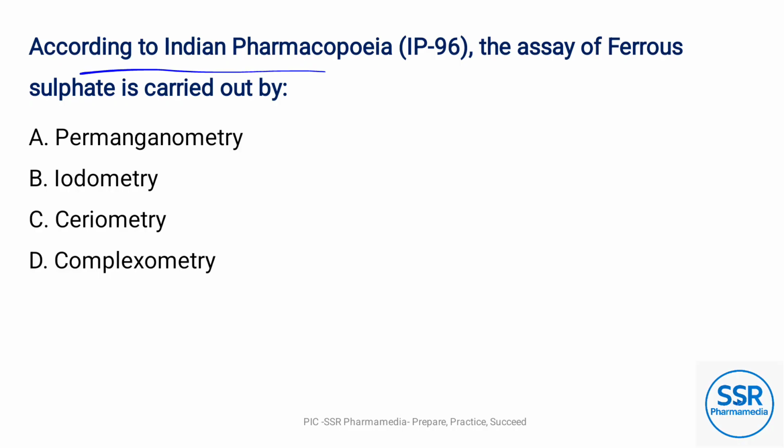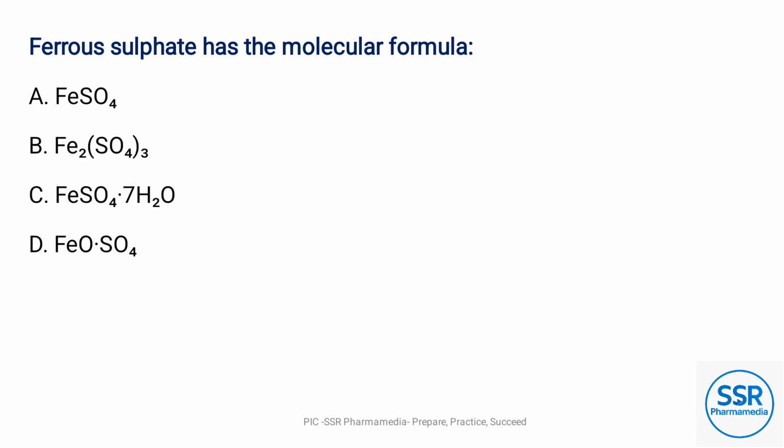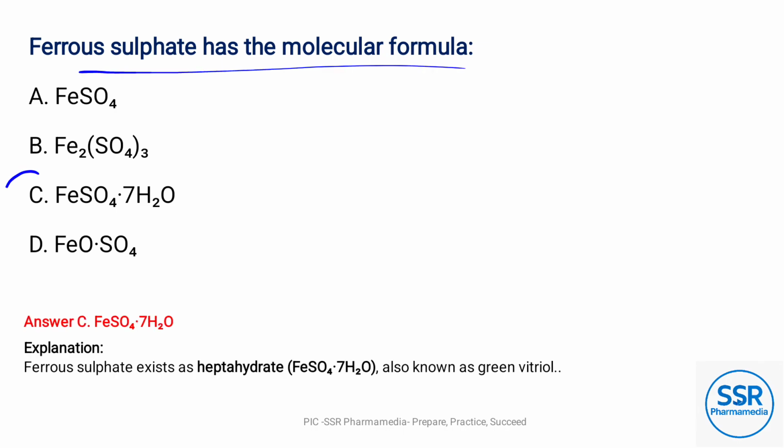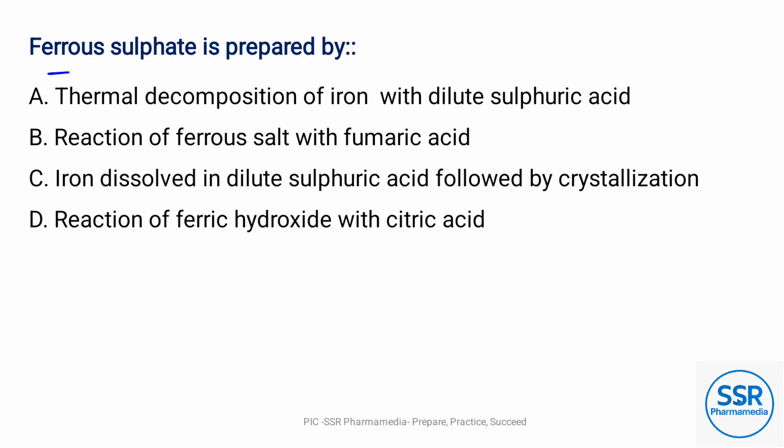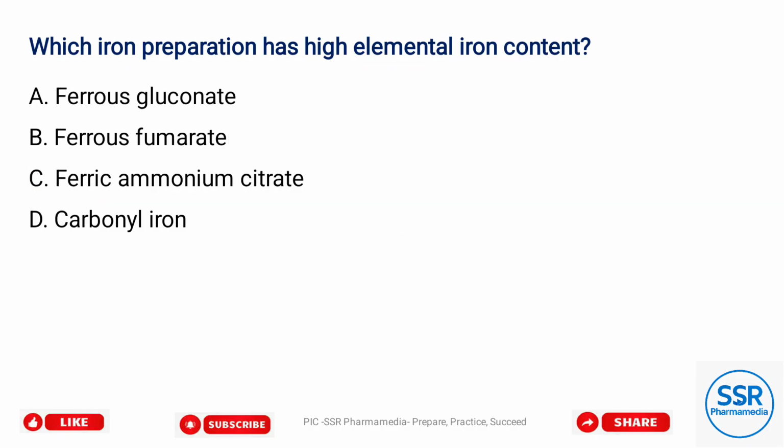According to Indian Pharmacopoeia, the assay of ferrous sulfate is carried out by option C, cerimetry. So redox titration by cerimetry for the assay of ferrous sulfate. Ferrous sulfate has the molecular formula option C, FeSO4·7H2O. Ferrous sulfate is prepared by, so option C, iron dissolved in dilute sulfuric acid followed by crystallization.